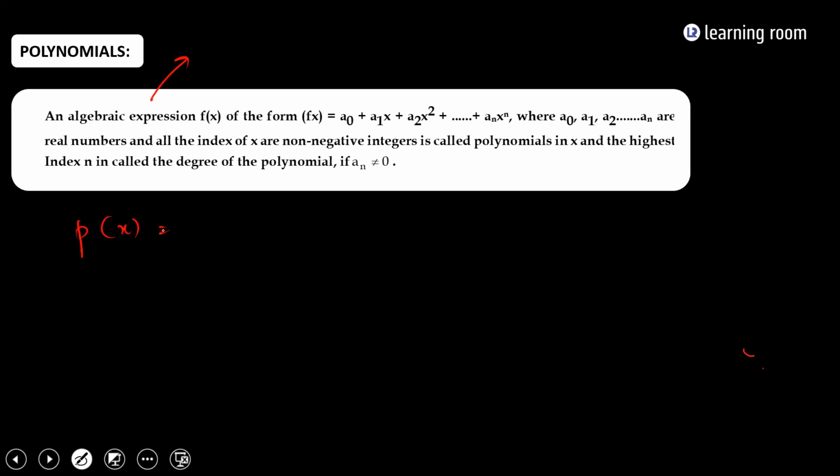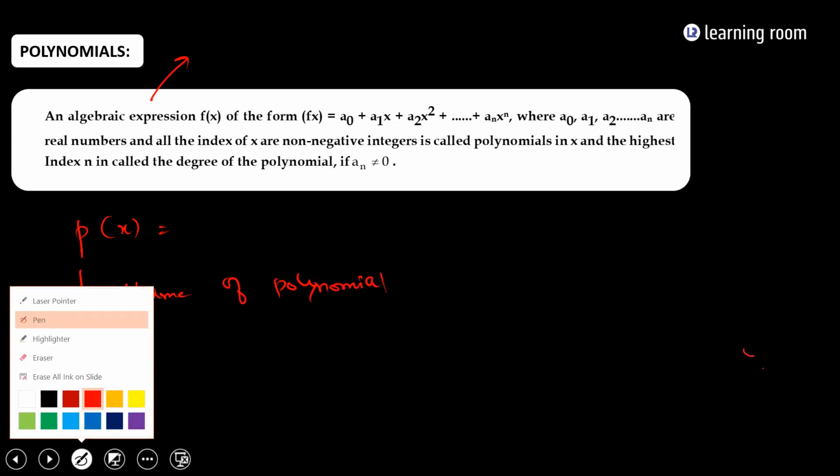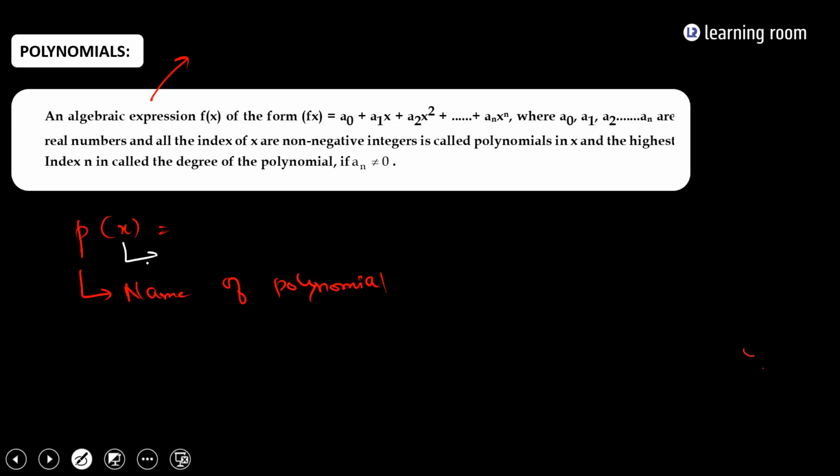So if you write something as P of X, what does this P stand for? P stands for the name of the polynomial. And what does this X stand for? X stands for the variable, right? So P stands for the name of the polynomial and X stands for the variable.